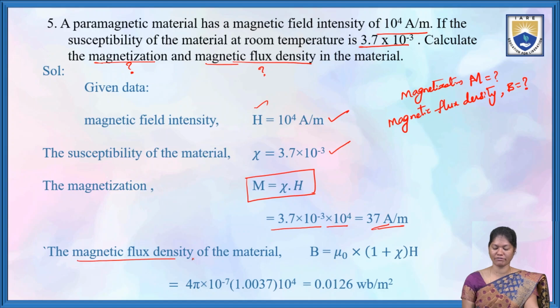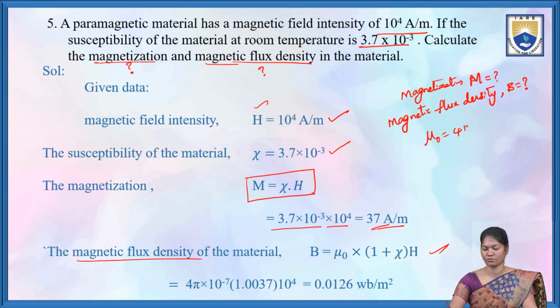Then coming to the magnetic flux density of the material, B is equal to mu naught into 1 plus chi into H. Substituting the values, as we know mu naught is equal to 4 pi into 10 power minus 7 Henry per meter, and chi as given in the problem, and H also.